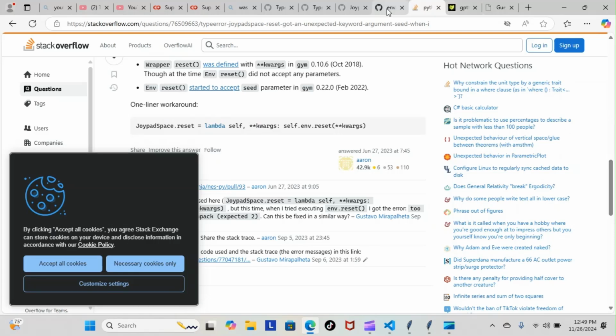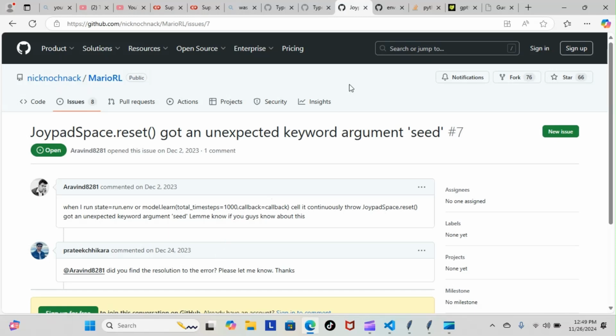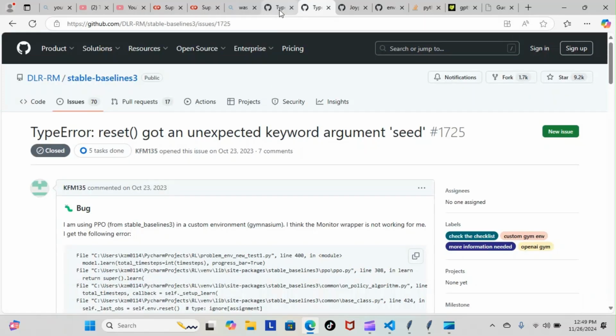Then I just started reading documentation in different GitHubs, forums, and all of that stuff. This is from December 2023. It was still an issue last year. Went even further back. This one is from October 23.